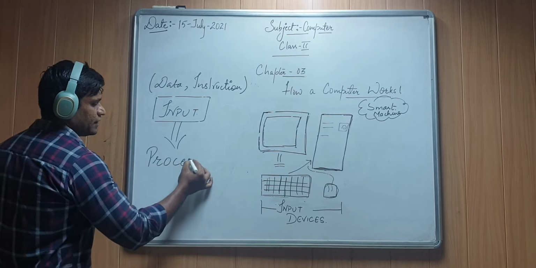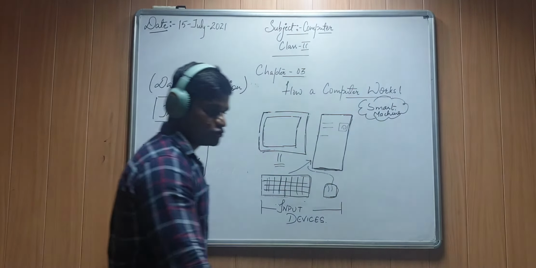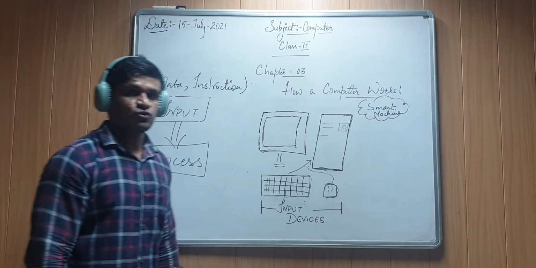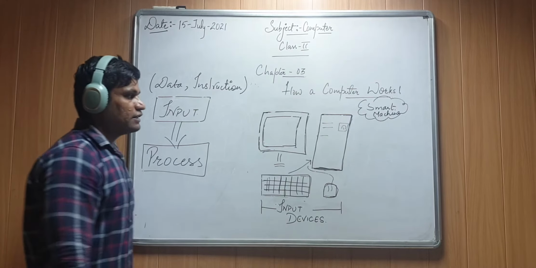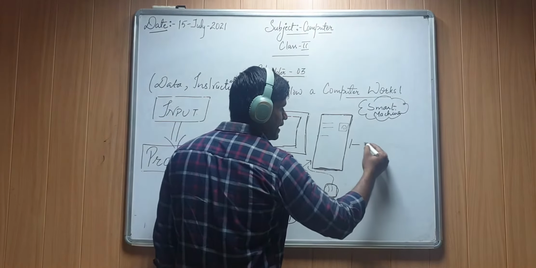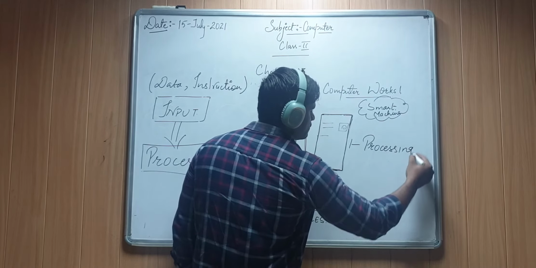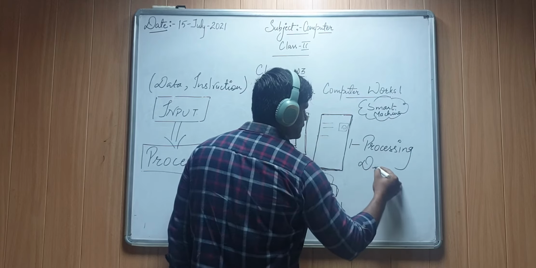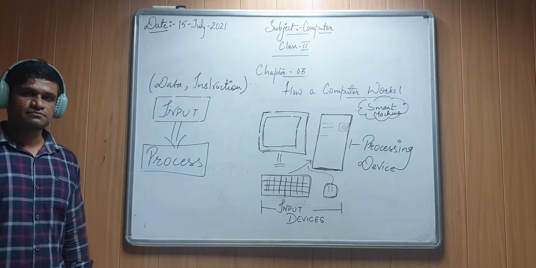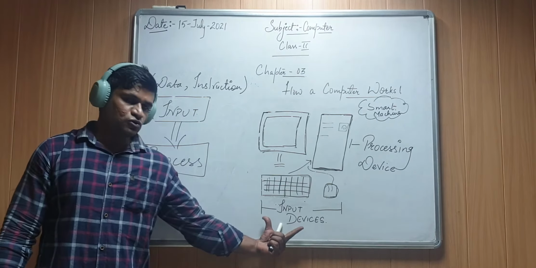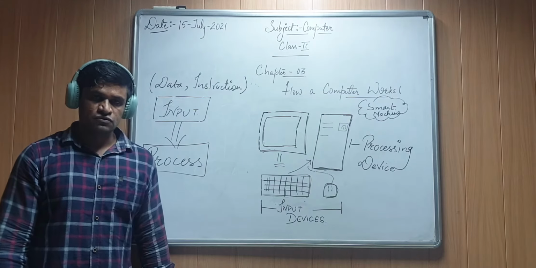The input which has been given to the computer, the computer will then process. It will calculate or process the required or given input. जो आपने input दिया है उस input को वो process करता है, calculate करता है. And we know that the processing work is done by the CPU, that is the brain of the computer. So your CPU is also known as the processing device. First, you give input to the computer by using the input devices, keyboard or mouse.